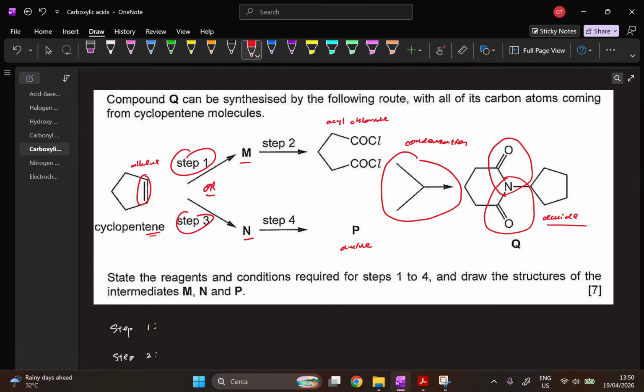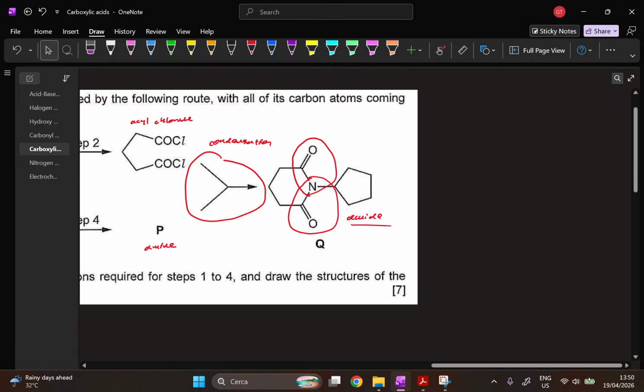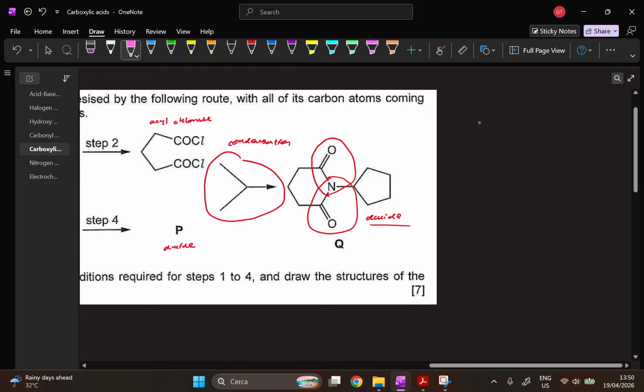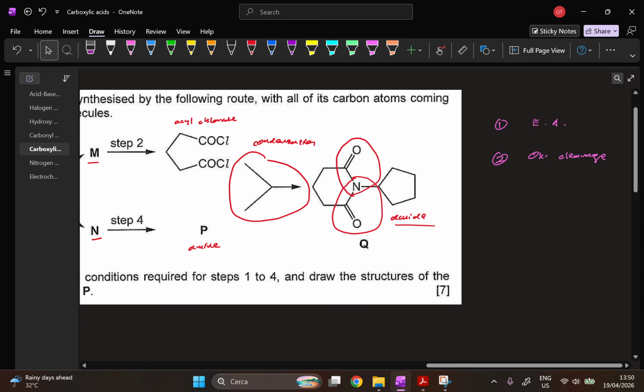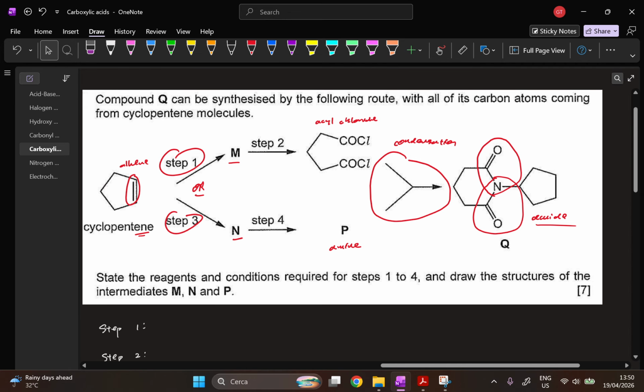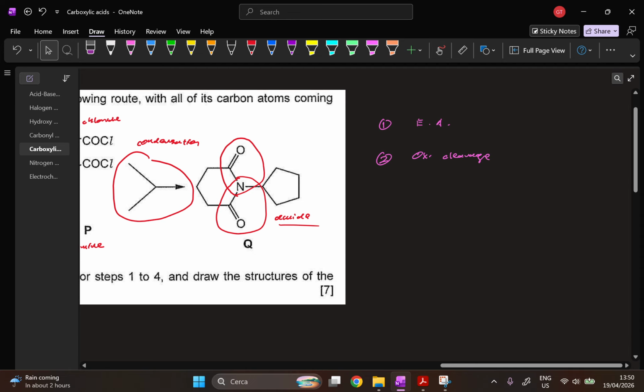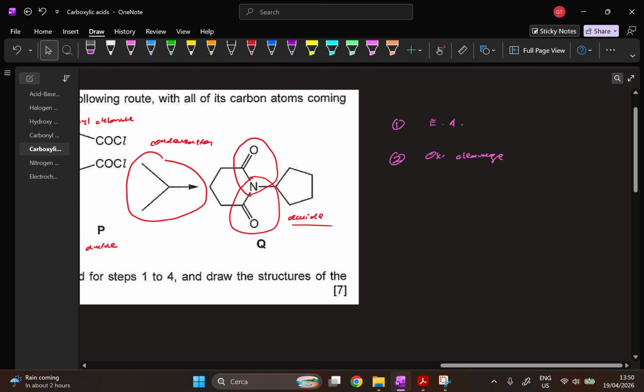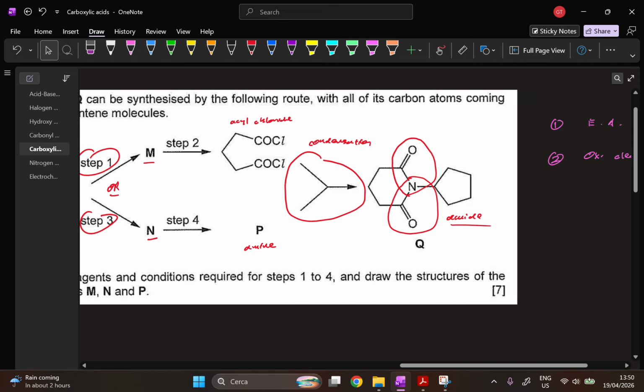There's not that much, right? You only know two things that an alkene can undergo. One, of course, being your electrophilic addition, and the second one obviously being your oxidative cleavage. These are the only two types of reactions that you learn in alkenes, topic 11. So we know presumably step 1 is either EA or ox cleavage, and then step 3 is going to be the other one. But which one is which?